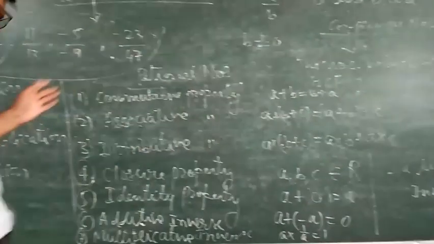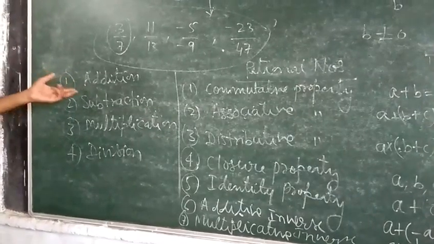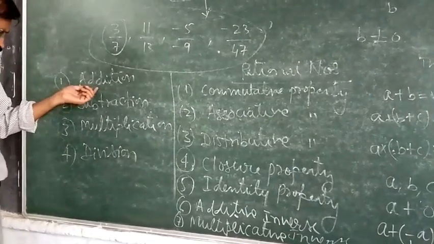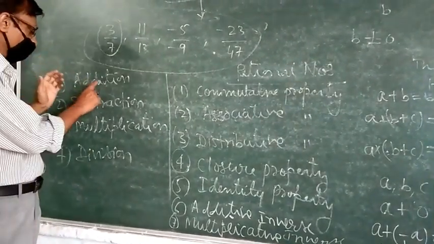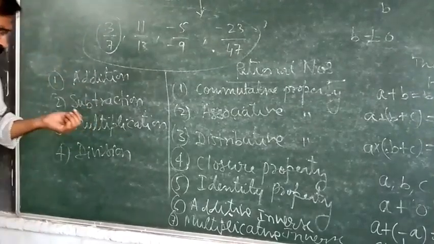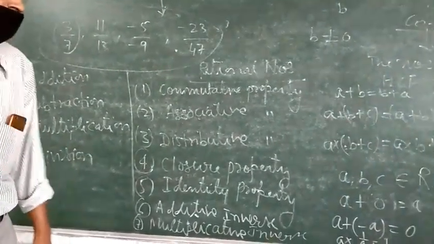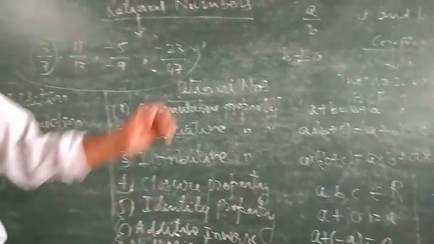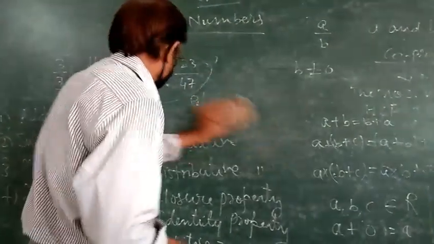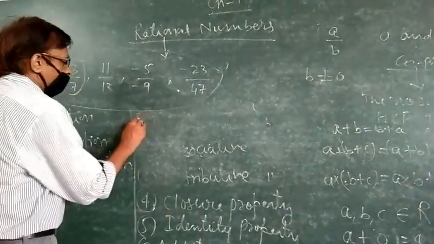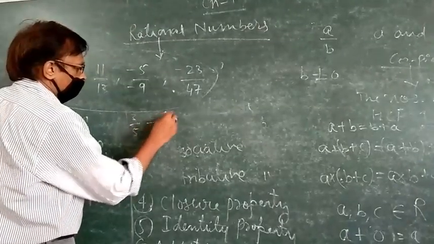Now, in your exercise, you will see that we have some questions based on addition, subtraction, multiplication and division. All these fundamental operations are applied on the rational numbers, which I will show you by taking some examples. For addition, we add any two rational numbers.